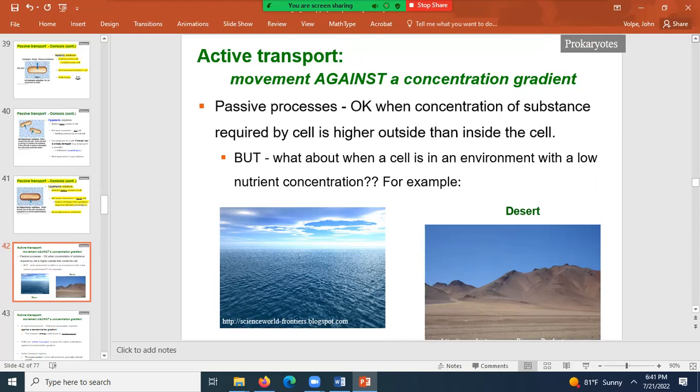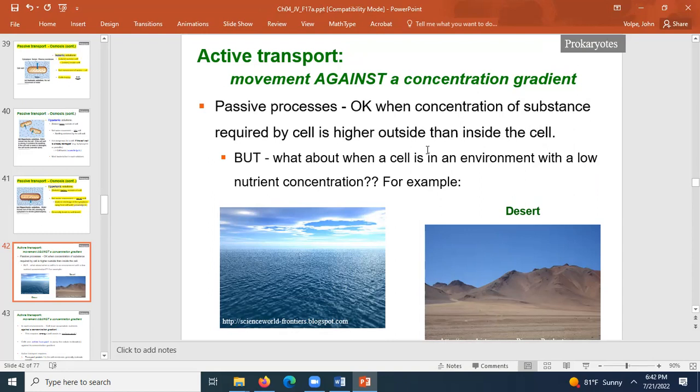All right, so passive movement of materials is fine as long as the concentration of the material the cell wants is higher outside the cell than inside the cell.